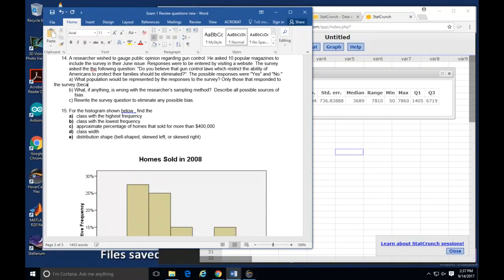And again, that's because this was a voluntary response survey, and that means it's not going to be representative of a larger population.